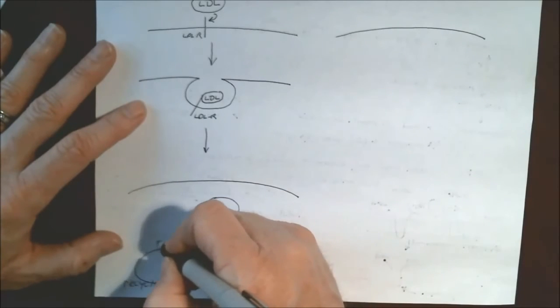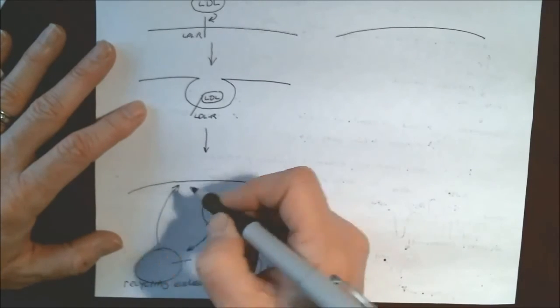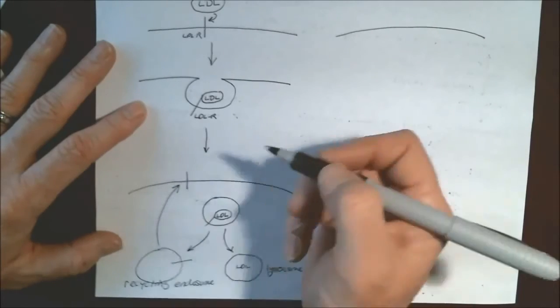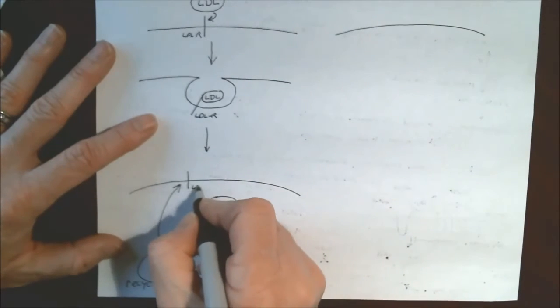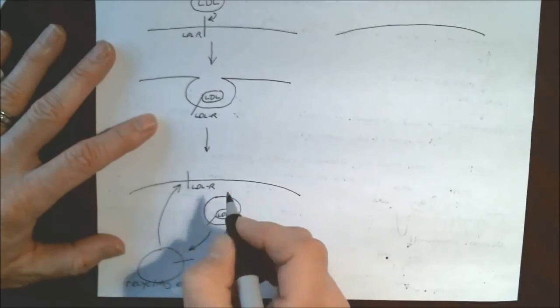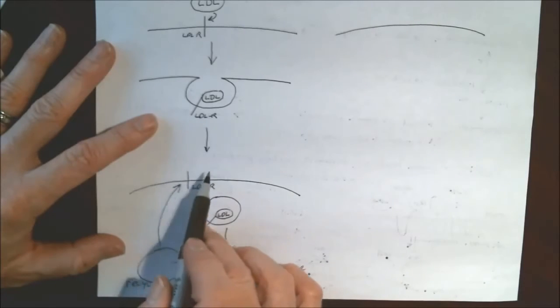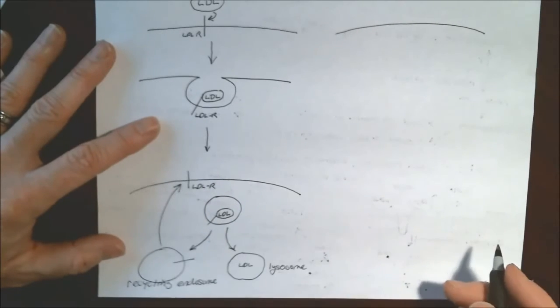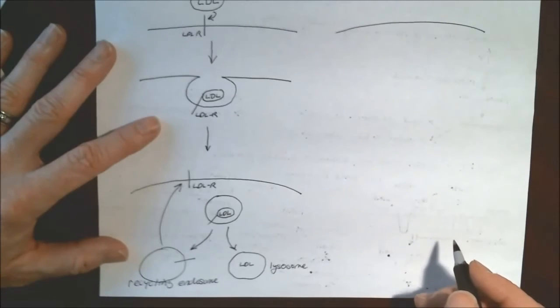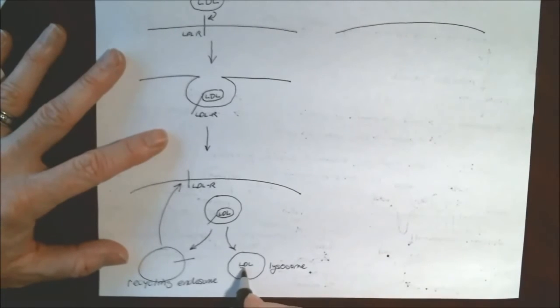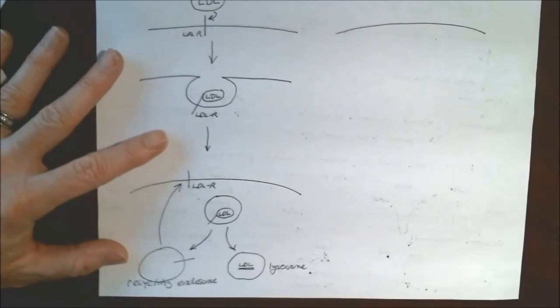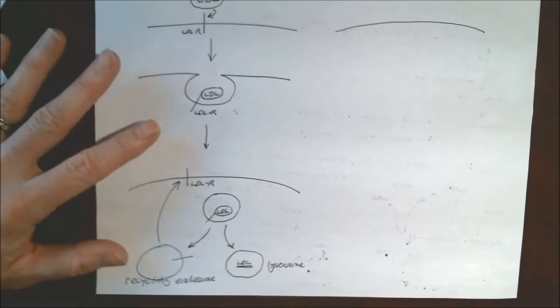The recycling endosome, of course, returns to the cell surface to restore the expression of the LDL receptor on the surface, ready to receive and bind more cargo, LDL, when it becomes available. Now, the fate of this LDL in the lysosome is what's going to regulate the expression.